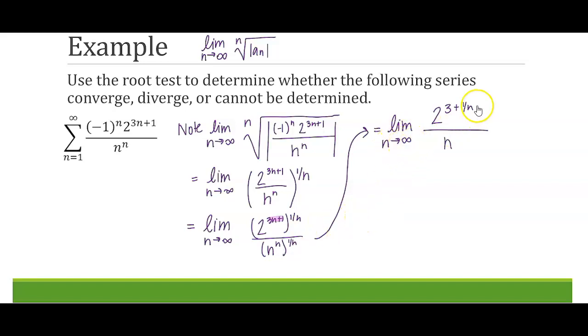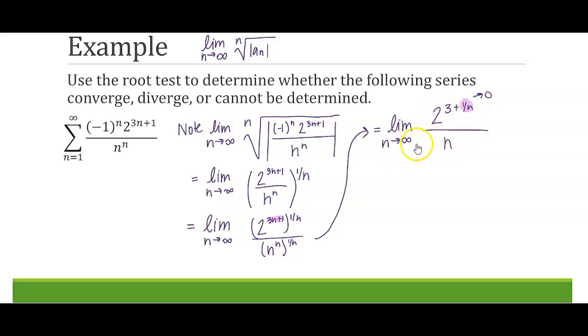Now, as n approaches infinity, I have two n's here, so I want to analyze what's happening up here in the exponent. Well, if n approaches infinity in this small rational piece, 1 over n, then that part is going to go to 0. So the top is becoming just 2 to the third, or just a number.